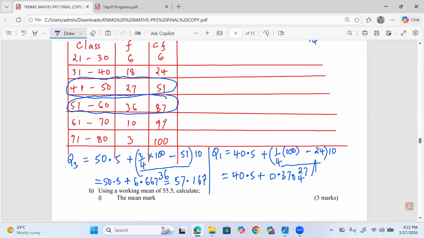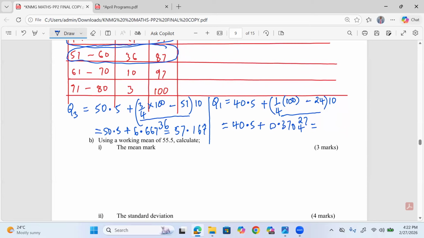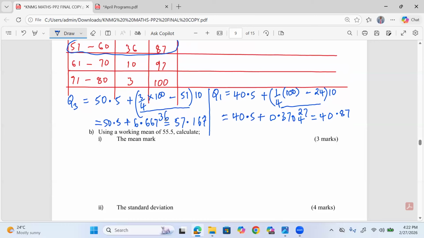0.3704. We add 40.5. This becomes 40.87. Let me just use the 4SF like that, and also in the first one, I'll use 4SF.